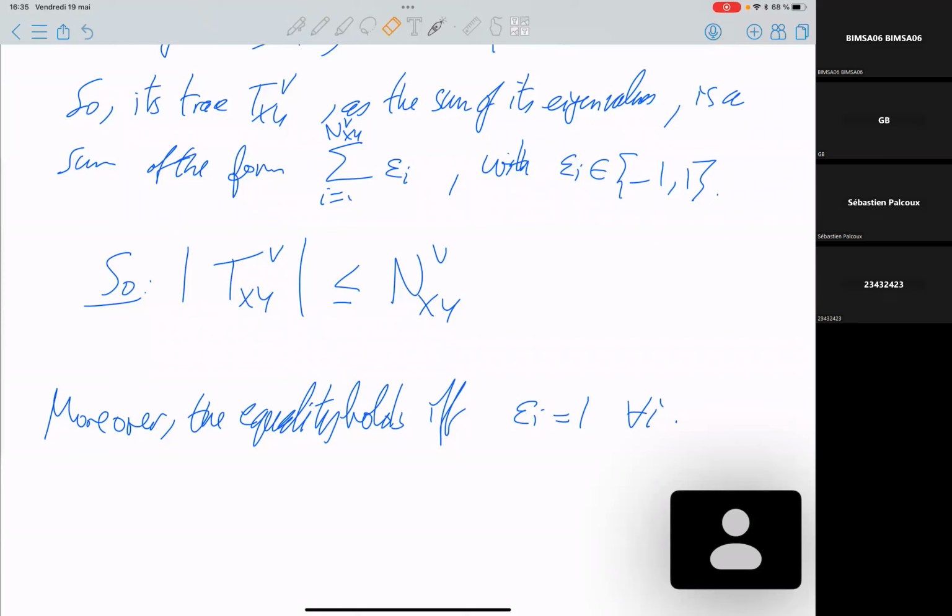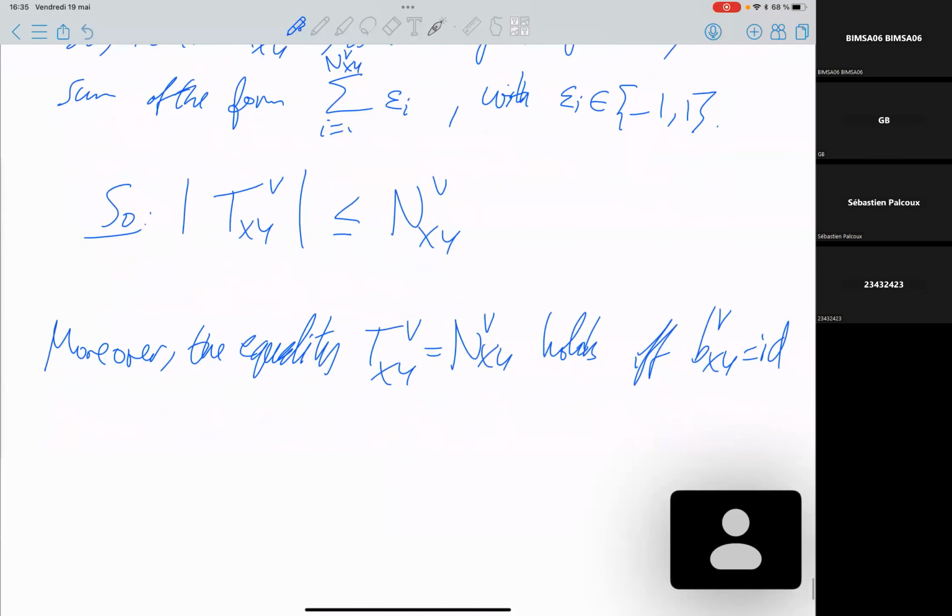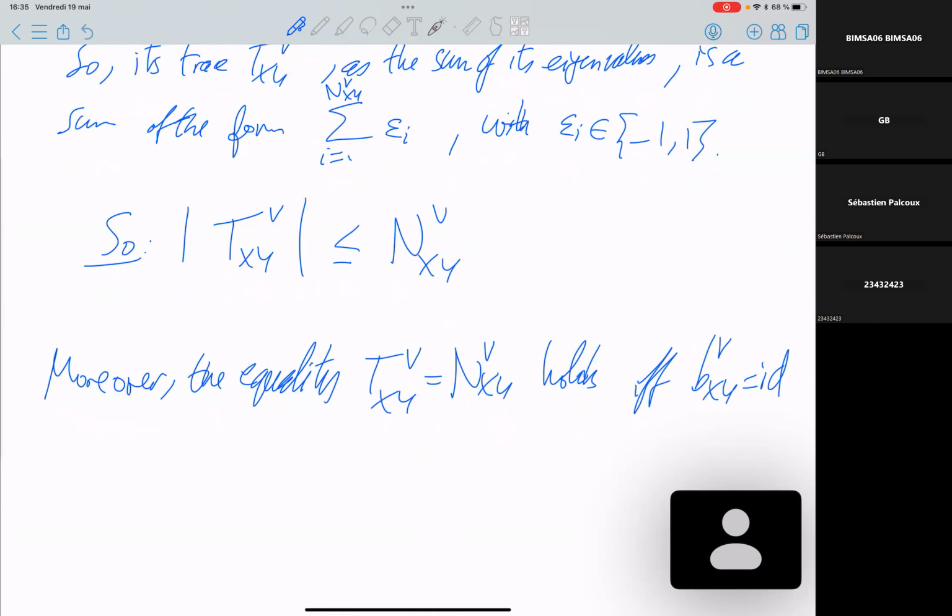So let me just say it like that. And the equality T_{XYV} equals N_{XY}^V holds if and only if B_{XYV} equals identity. Yeah, sure.